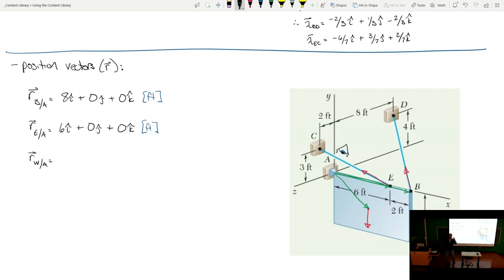How far along the y? Well, not 2.5. Negative 2.5. We're going down. And z is 0. There you go. That's it. There's your position vectors.